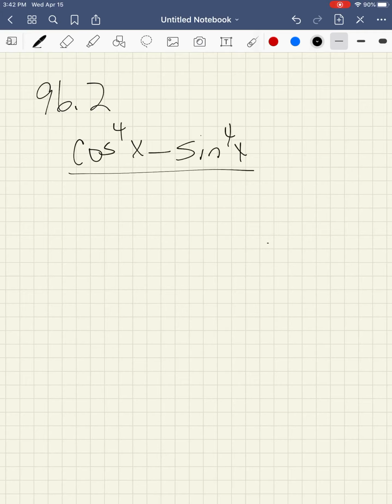Next one is 96.2, and it says cosine to the fourth of x minus sine to the fourth of x divided by cosine of 2x. There's those double angle identities again. We're supposed to show that that's equal to 1.